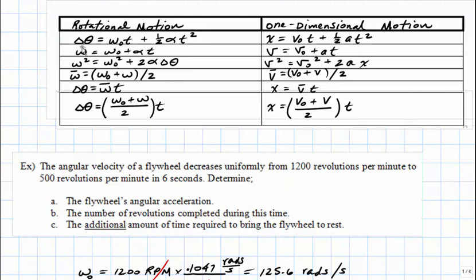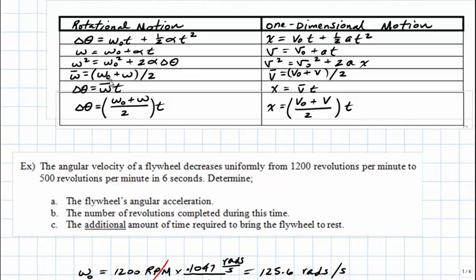Is the first equation useful to us? Well, the answer is no, because we don't know the angular acceleration for either one of the phases. In the second equation, we also need to know angular acceleration in order to use it, so that's not useful to us. Angular acceleration appears in the third equation.